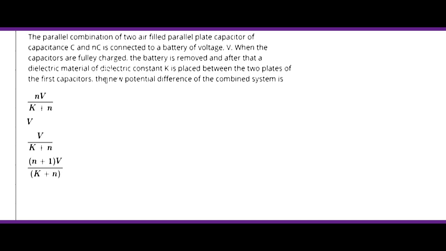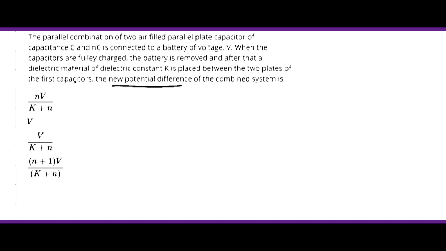The new potential difference of the combined system is, so in this question we have to find out the new potential difference when the battery is disconnected and the dielectric material of constant K is placed between the two plates of the first capacitor.